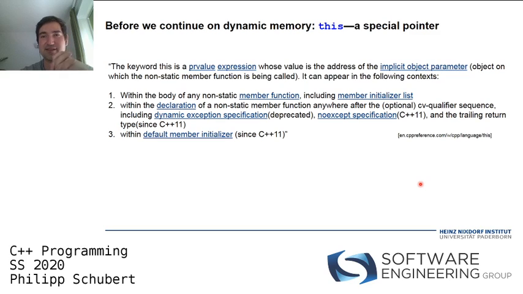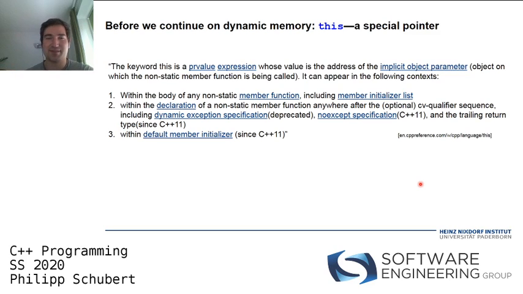It can appear in the following contexts: within the body of any non-static member function, including the member initializer list; within the declaration of a non-static member function anywhere after the optional CV qualifier sequence, including dynamic blah blah blah, that's not that important; and within default member initializer.